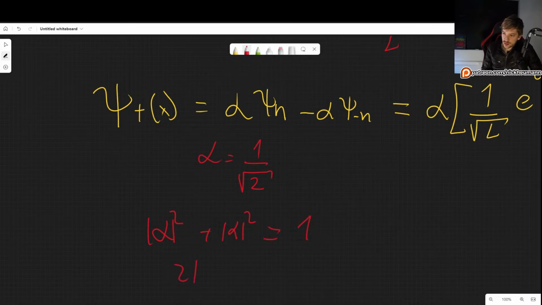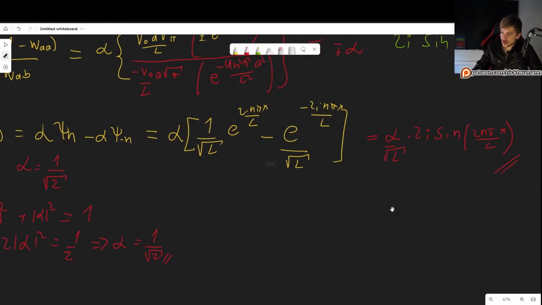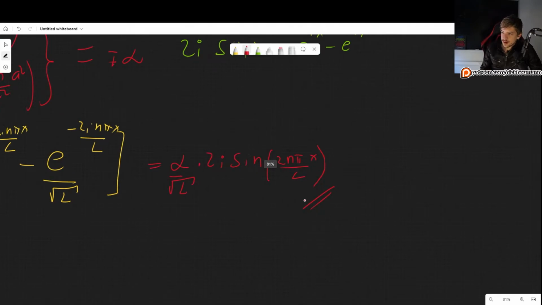So of course 2 times alpha squared has to be 1, which means that alpha has to be 1 over the square root of 2, right? Alpha is the normalization constant. So we can plug that in. So alpha is 1 over the square root of 2. So that means that we get 2 over the square root of 2, or simply we can write this as square root of 2 over L.